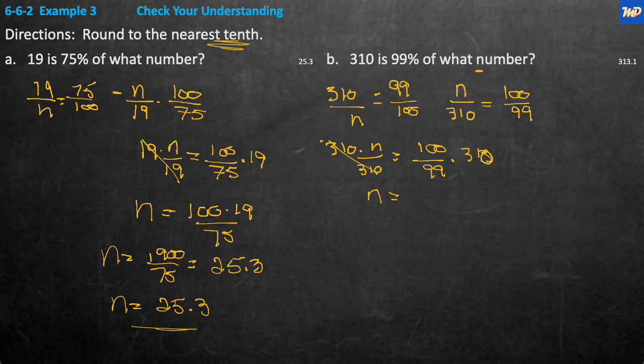I get n equals 310 times 100, which is 31,000. Okay, divided by 99. So that equals 313.1. If you run it on your calculator, n equals 313.1. Okay?